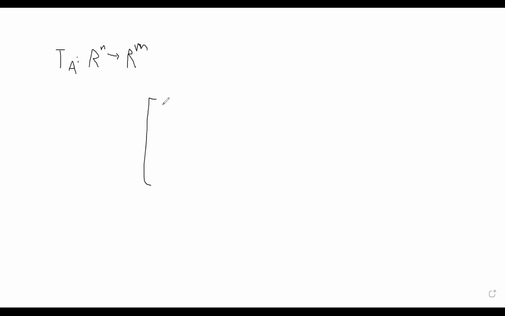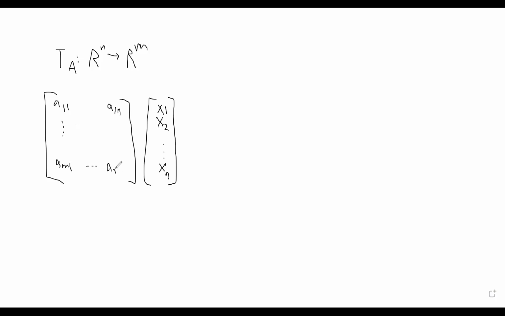If you have an unknown vector x1, x2, up to xn, those are your unknowns, you would left multiply it by the coefficient matrix A. So you have a11 through a1n in the first row, down to am1 through amn.